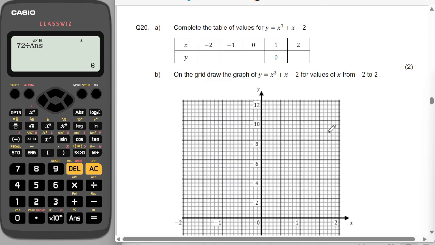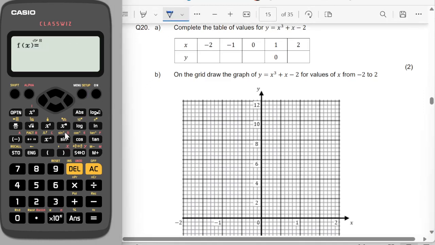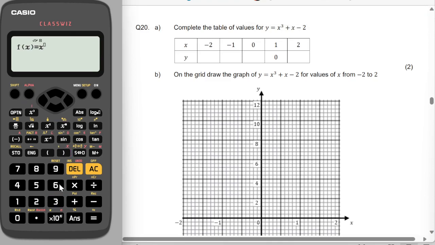Question 20, complete the table of values. So I'm going to use the table function on my calculator for this. We've got a cubic equation. So I'm going to go menu and then third mode, and I need to type that function in. So x cubed, I'll do alpha x to the power 3. And to that I need to add on x, so plus alpha x, and then minus 2.